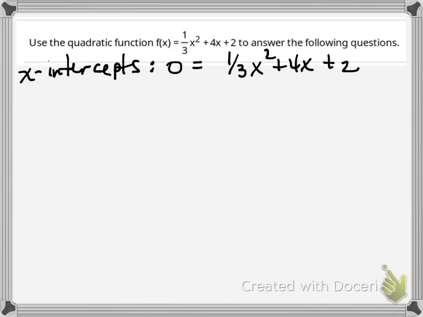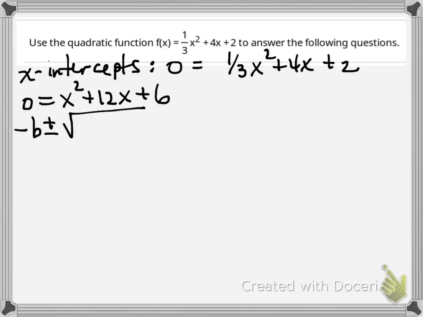So I'm going to have 0 equal to x squared plus 12x plus 6. I just multiplied both sides of the equation by 3. The quadratic formula is negative b plus or minus the square root of b squared minus 4ac, all over 2a.